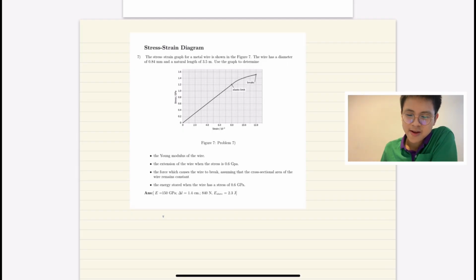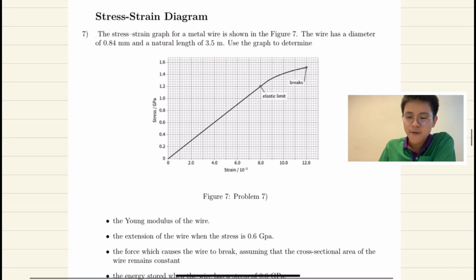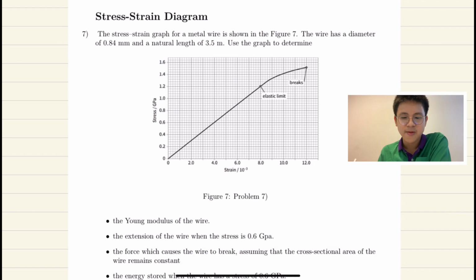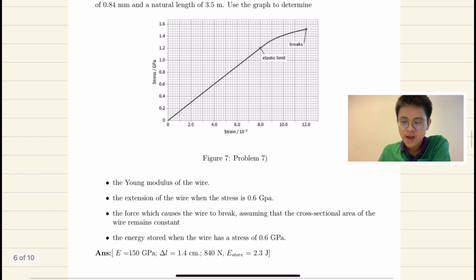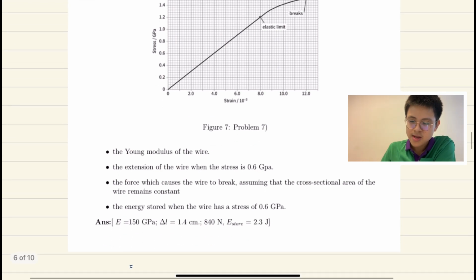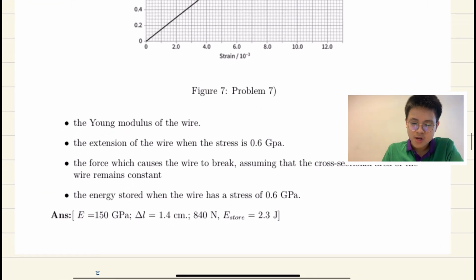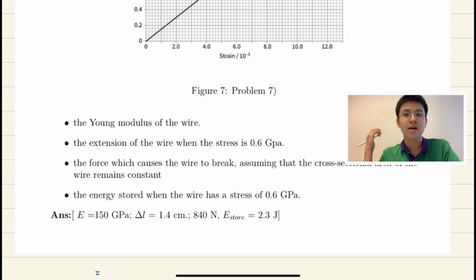Problem number 7. The stress-strain graph for a metal wire is shown in figure 7. The wire has a diameter of 0.84 mm and a natural length of 3.5 meters. Use the graph to determine the Young's modulus of the wire, the extension of the wire when the stress is 0.6 gigapascal, the force which causes the wire to break, and the energy stored when the wire has a stress of 0.6 gigapascal.